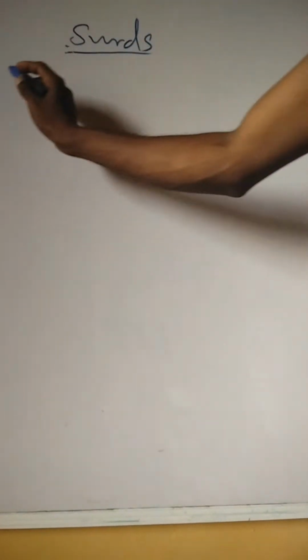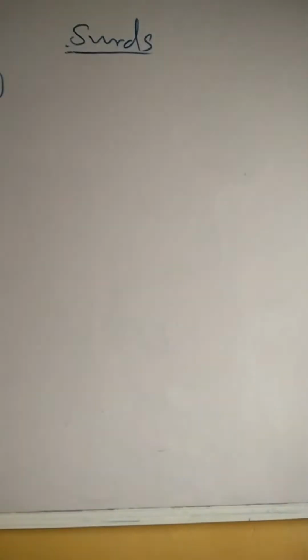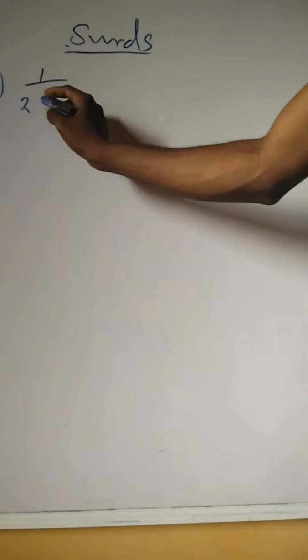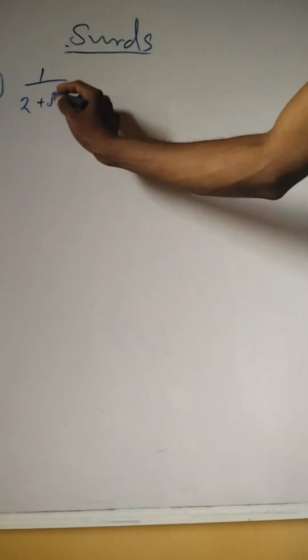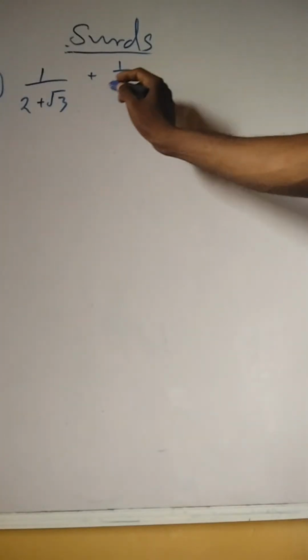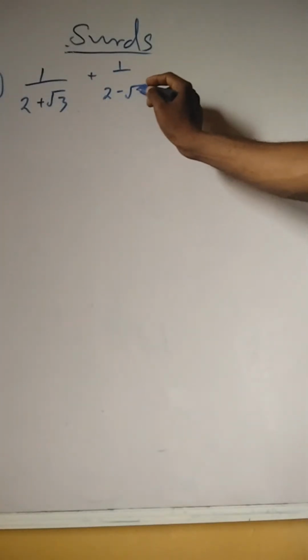So we also simplify what we have here. That's 1 over 2 plus root 3, then plus also 1 over 2 minus root 3.